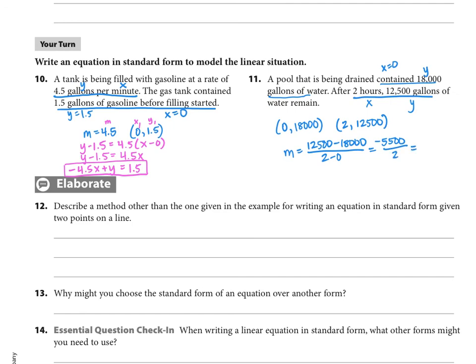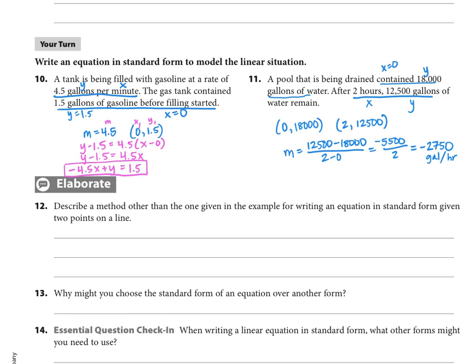And then dividing is going to give me a negative number for sure. Negative 2,750, I believe. So it is negative 2,750 gallons per hour. And that's how much is being drained. It's negative because it's losing that much water.